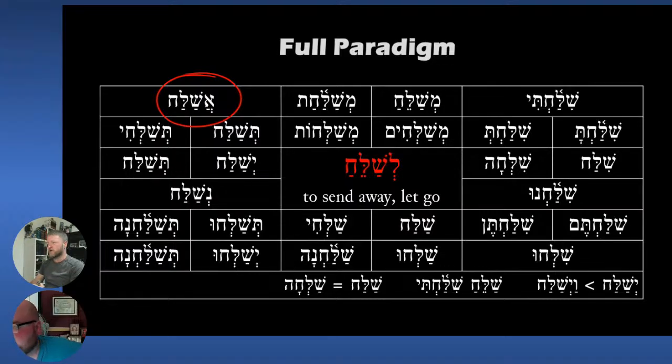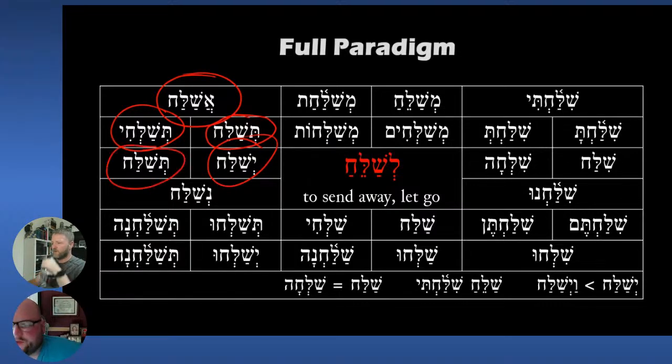Eshalach or eshaleach. The future can have the e instead of a: teshalach or tishaleach. Teshalchi, teshalachi. Yeshalach or yeshaleach. And then teshalach or teshaleach.